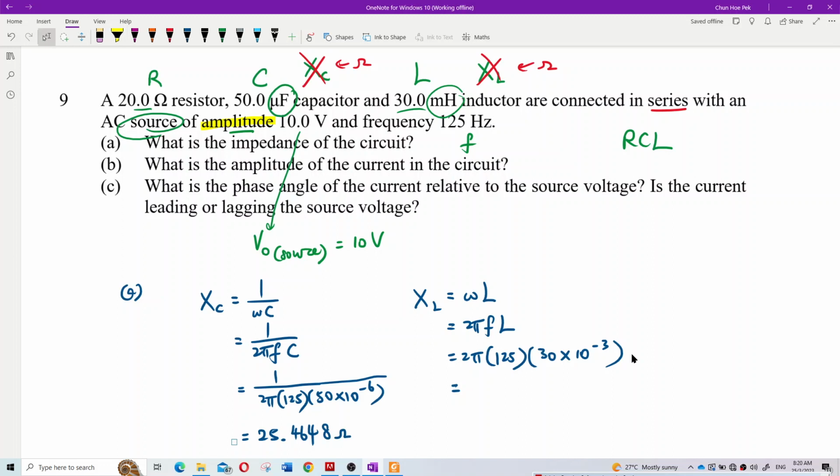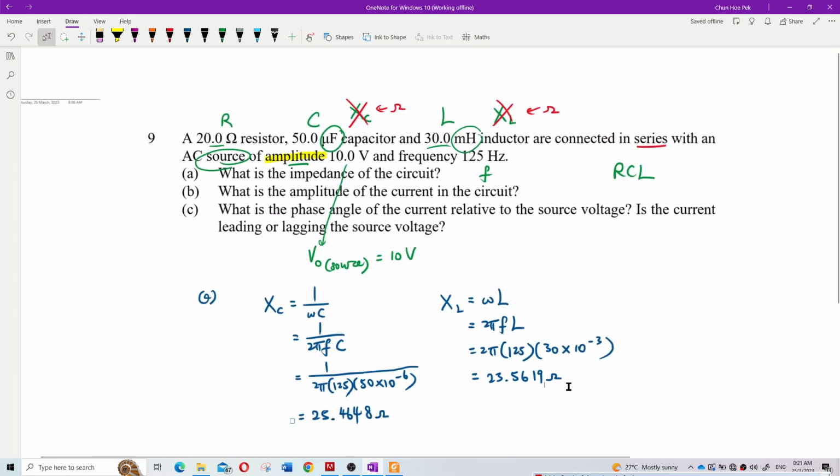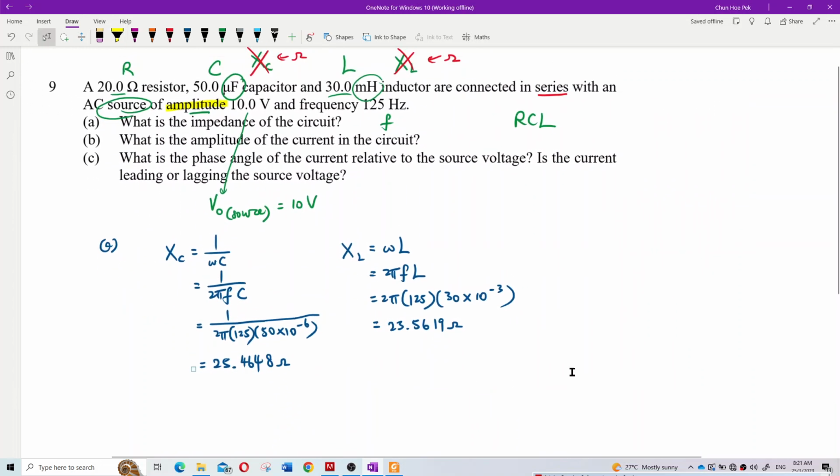Okay, the answer is 23.5619. Okay, so after that, what is the impedance?